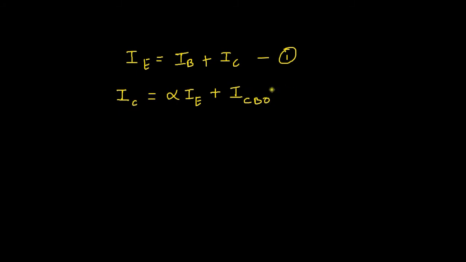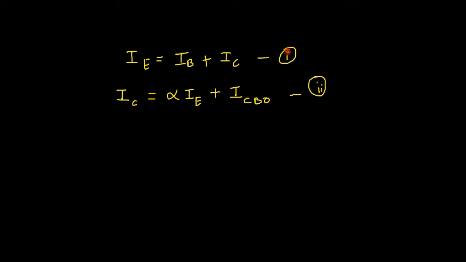This is due to the CB junction only. This current is due to the migration of minority carriers across the junction, depends only upon temperature, and is constant for a given temperature and a given material, silicon or germanium.